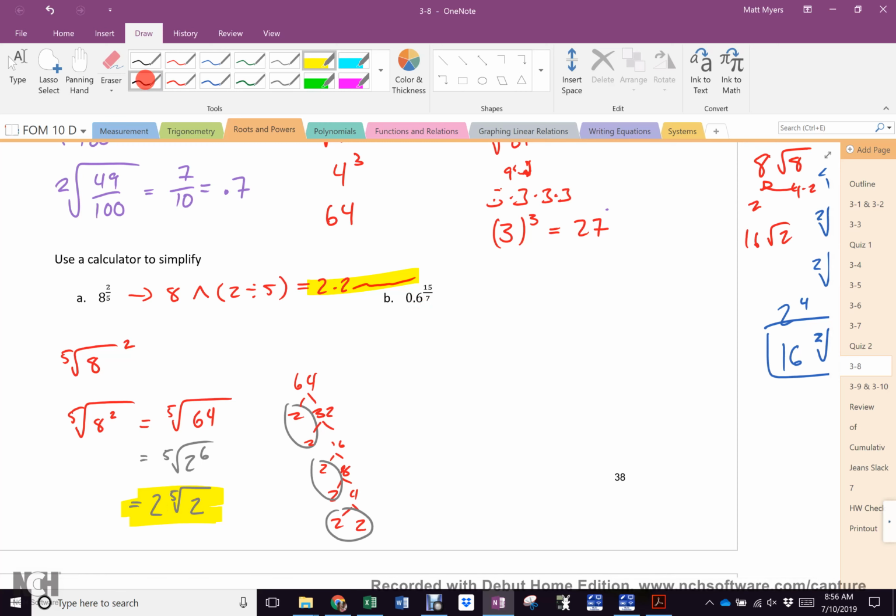What's happening here? What is that in real life? How would I punch that into my calculator? 0.6 exponent what? 15 divided by 7. And I get whatever it is, like 0.01 or something. I don't know.